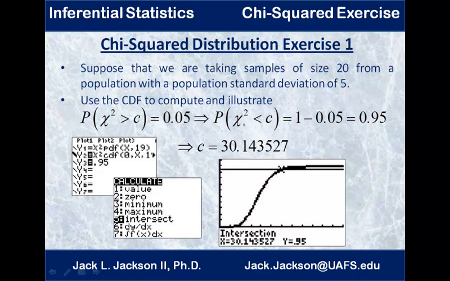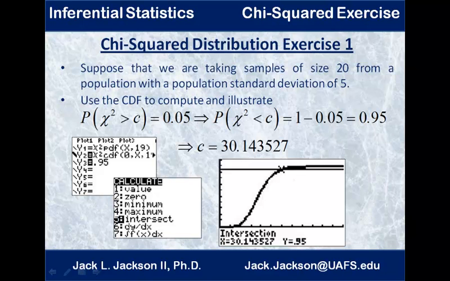So the probability that chi-square is less than c is 0.95. 1 minus 0.05 is 0.95. So now this is the kind of expression that we were dealing with last time, and we can make this work for us. Again, graph that chi-square CDF, same one as before. This time I want to graph the horizontal line at 0.95 and calculate the intersection there, and you see it's about 30.1.